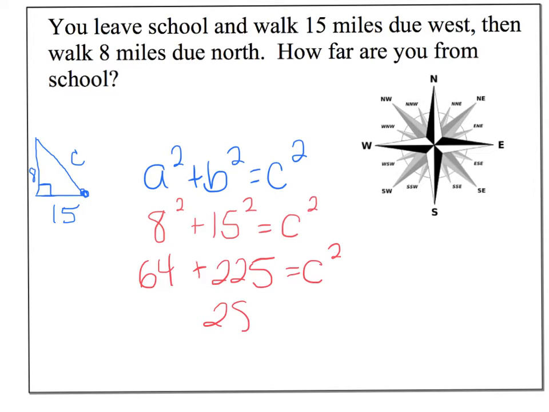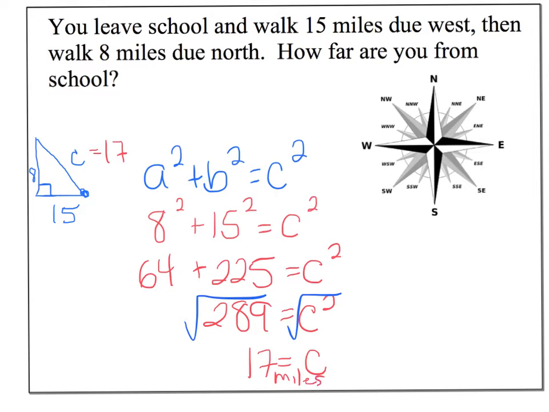So you get 289 equals C squared, and then you know what to do here. That is to square root both sides and see that the square root of 289 is 17. So you are 17 miles from your school.